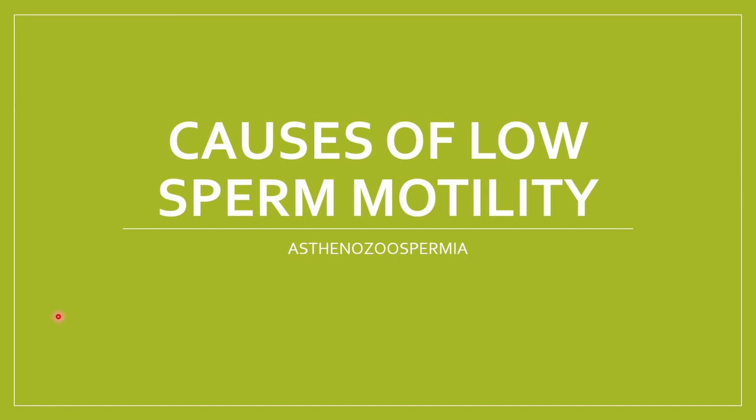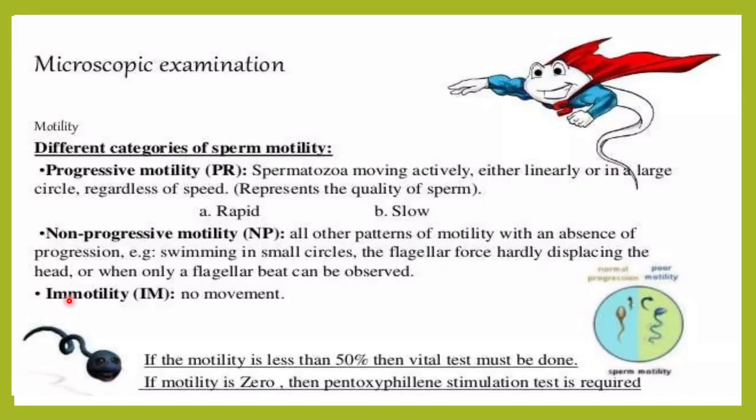I am Dr. Divya, and in today's class let us discuss what the causes of low sperm motility are and how we treat it. In the previous classes we discussed that we categorize the motility of the sperm as progressive motility, non-progressive motility and immotile sperms.